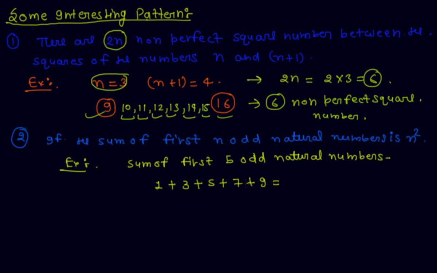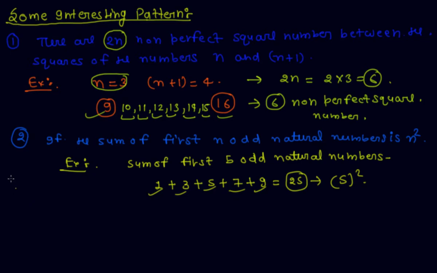And the sum is 1, 4, 9, 16, 25. Because there are 5 numbers, 25 is the square of 5. So it is also an interesting pattern: the sum of the first n odd natural numbers is equal to n square.